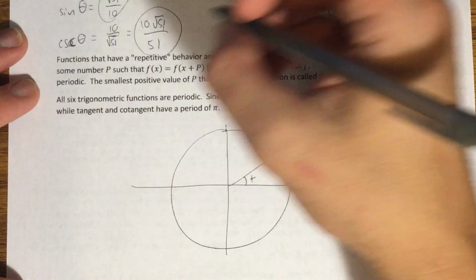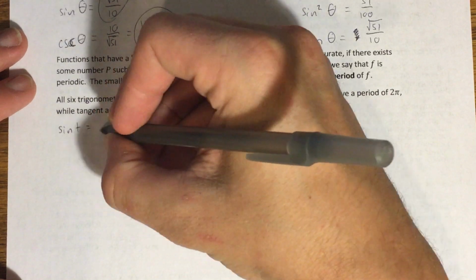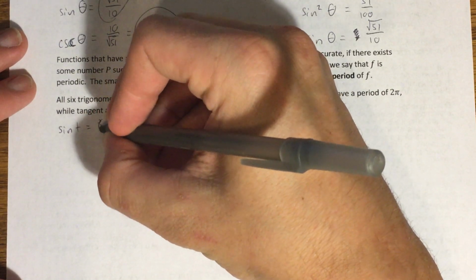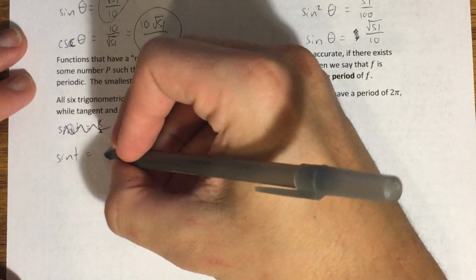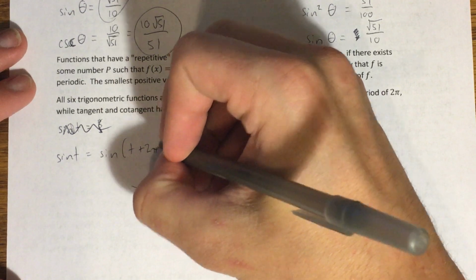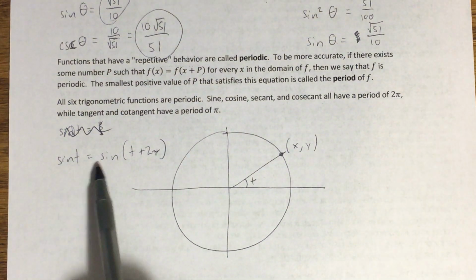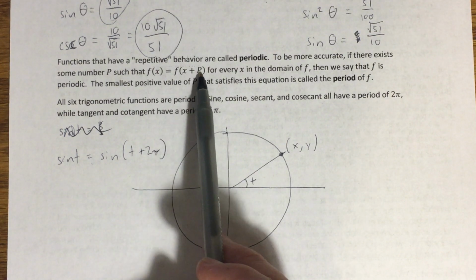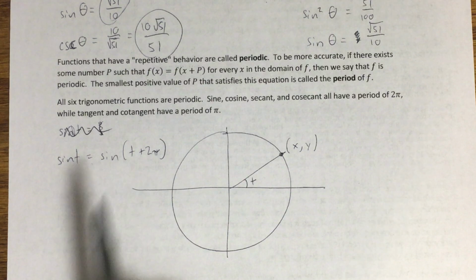So what that means, let's look at the sine function, for example. Sine of t is equal to sine of t plus 2 pi for every angle that I can plug in there. Compare this to our definition up here. The p that's being shown here is 2 pi. That's the period of the sine function.